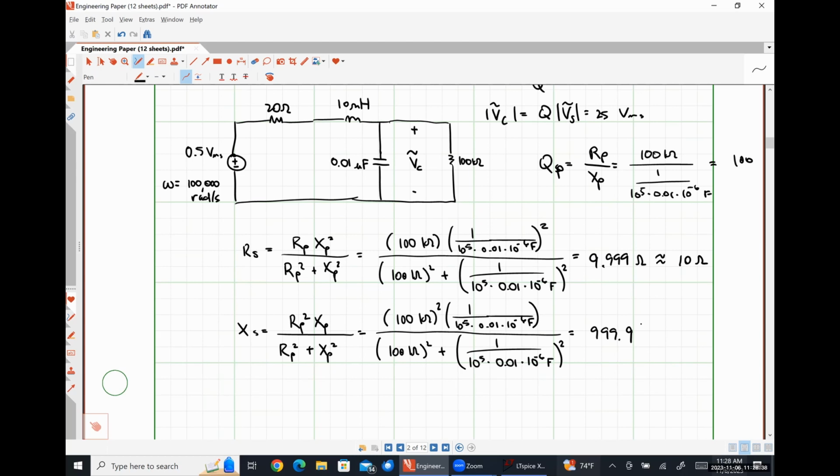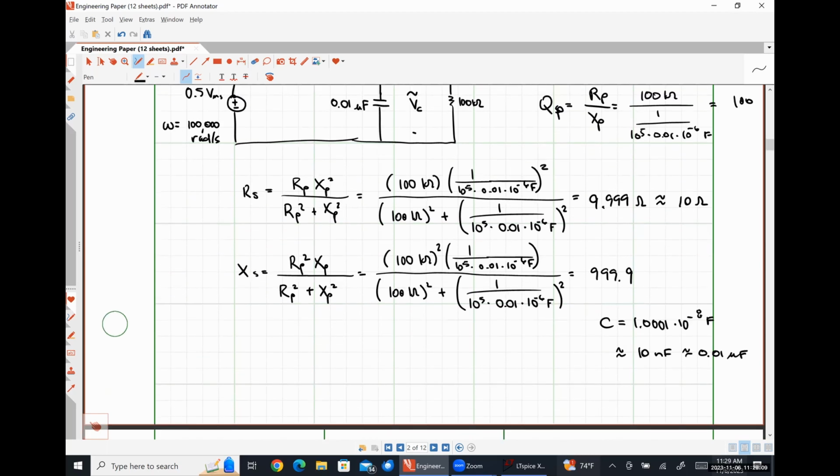Dividing through by omega, we find that C would be 1.0001 times 10 to the minus 8 farads, which is approximately 10 nanofarads or 0.01 microfarads. The value of C didn't particularly change because our Q factor was so high.